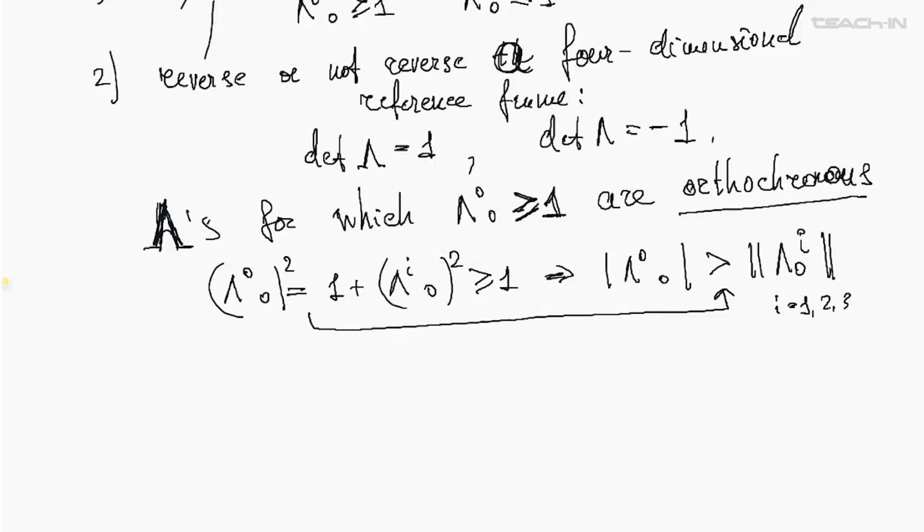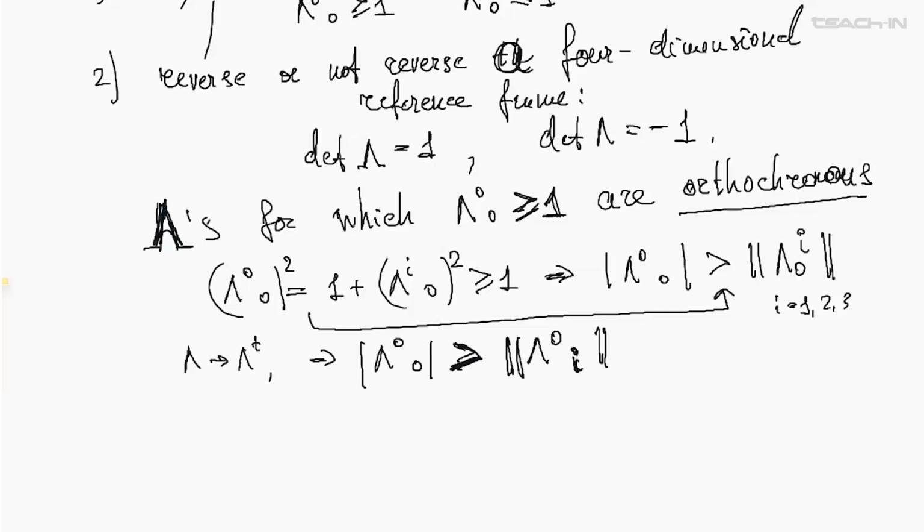Now, analogously, if you change in this relation lambda to lambda transpose, which is also a Lorentz transformation as we have shown, then from here you can deduce that the modulus of lambda 0, 0 will be bigger than the norm of the vector lambda 0 I, now with a lower index I. Because you are changing lambda to lambda transpose, it means that you are exchanging rows with columns, and therefore you will get another inequality of this type.